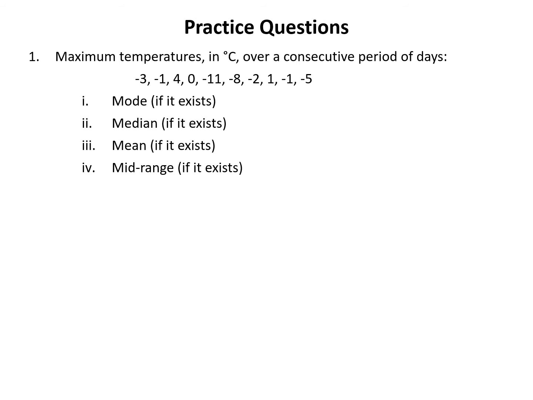Question 1, we have maximum temperatures in degrees Celsius over a consecutive period of days as follows: -3, -1, 4, 0, -11, -8, -2, 1, -1, -5.